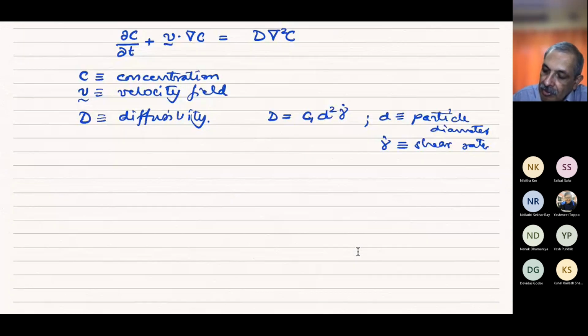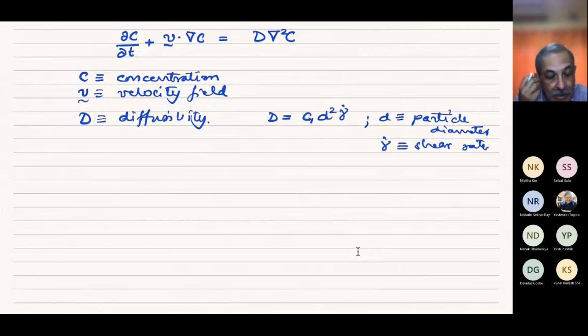So if you have a particular problem to solve in which the things are very, very similar, then you can use this.